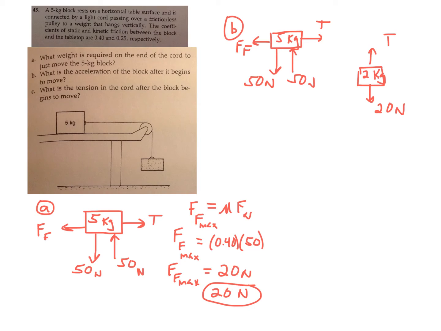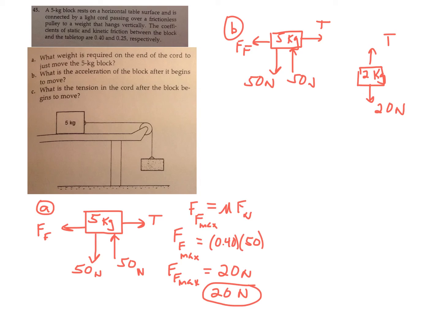Everything was 20 newtons. Or 19 newtons, all of those would be 19s, or 15s. But at 20 newtons, the whole system now starts to accelerate, so everything changes. The force of friction changes, the tensions change, they're no longer 20 because you're accelerating.